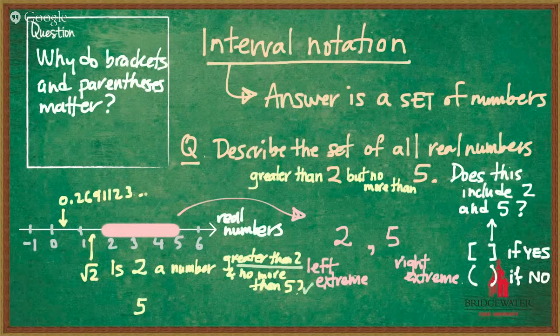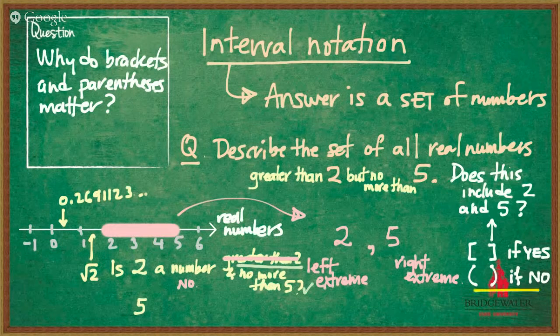It is not true. Because we've been more specific about the nature of the inclusion of 2 here, 2 is not in fact a number greater than 2 and no more than 5, because 2 is not greater than 2. That means that we want not to include the number 2 in our final answer to this question.